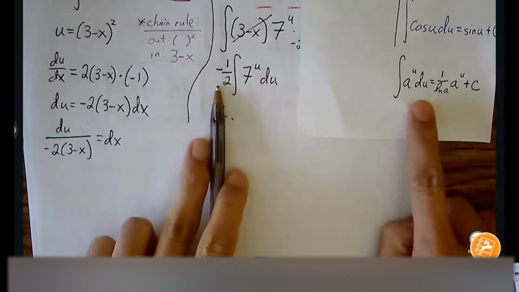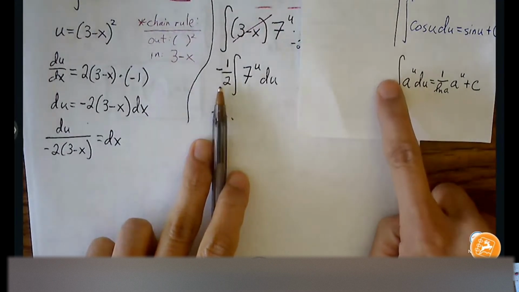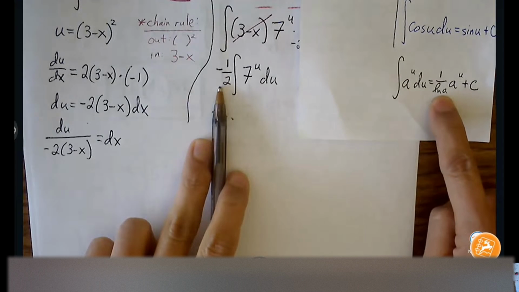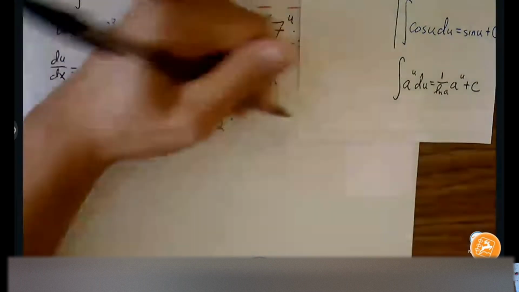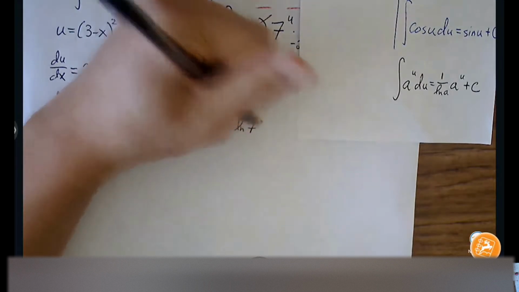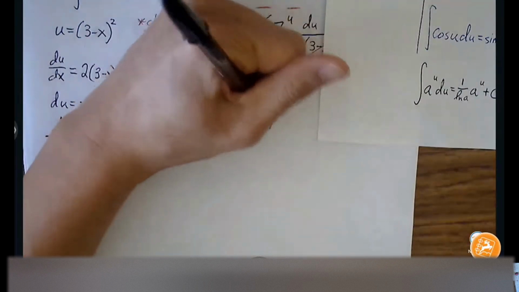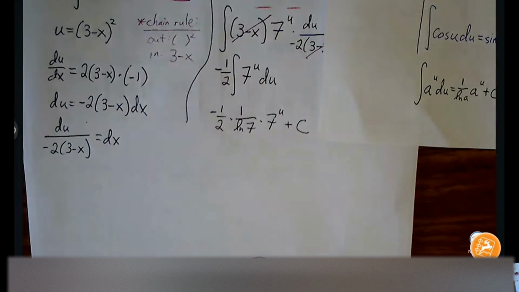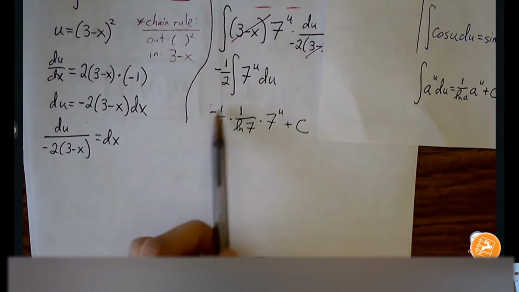So the -1/2 starts off our answer. Then we move to our coefficient within the rule. And then the a to the u. I'm going to merge these fractions together. You don't have to.